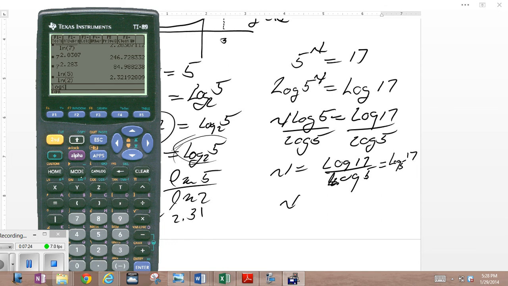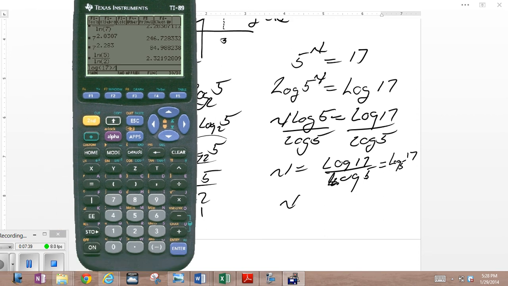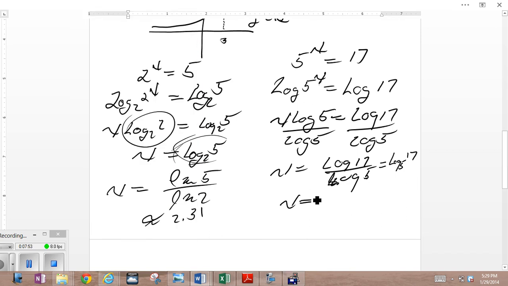I want log 17 divided by, put the parenthesis in there, log 17 divided by log 5. Go back to the catalog for log 5. And I get 1.76. So 5 to the 1.76 is 17.